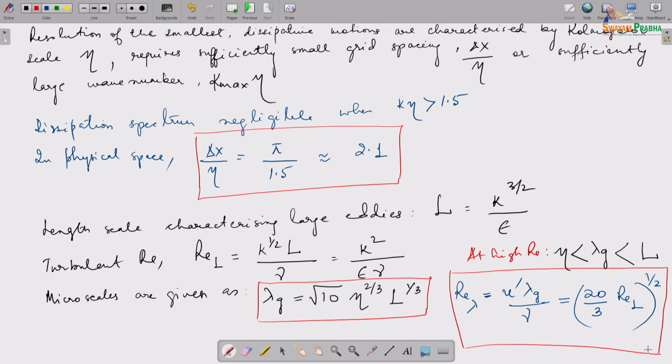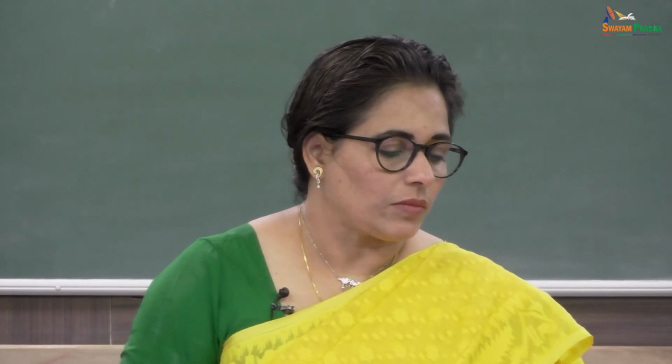So, to resolve a turbulent flow completely, we need to look at the physical space, the wave number space, and also Reynolds numbers. So, Reynolds numbers will also vary. Okay. So, in that case, let me just say that we have two considerations, right.